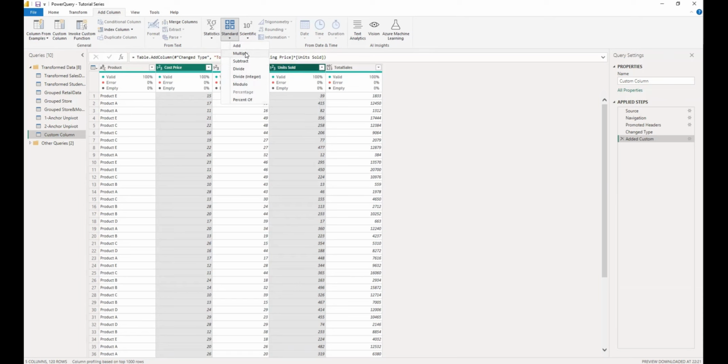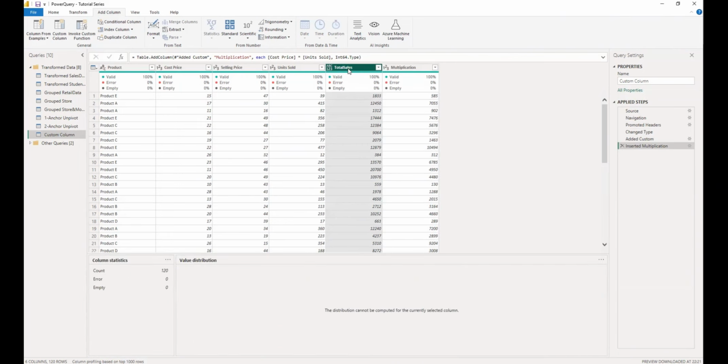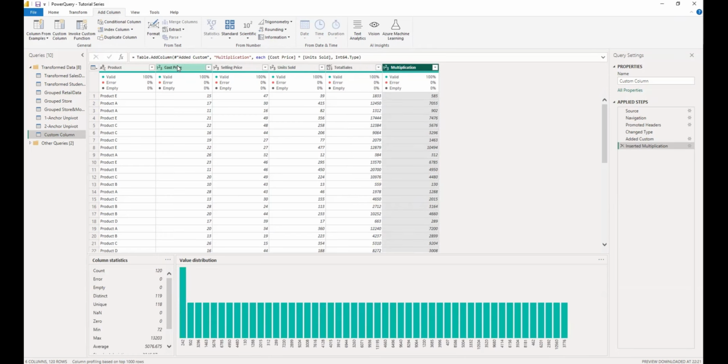Multiply versus times. So what that means is our cost price, which you can see here. So you see the two things I did. Watch what I did here. The total sales was selling price times units sold, while the multiplication is now cost price, which is given to you here, times the units sold.